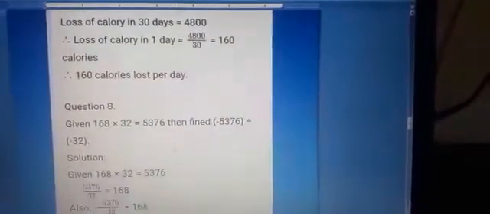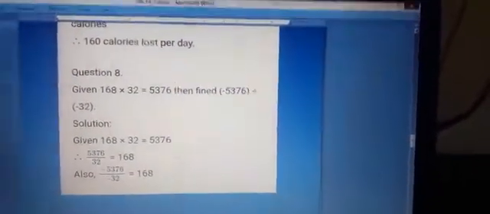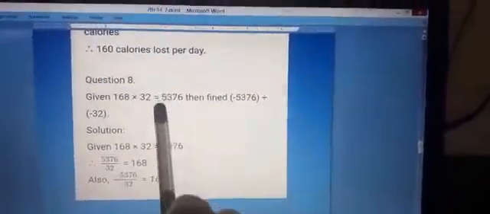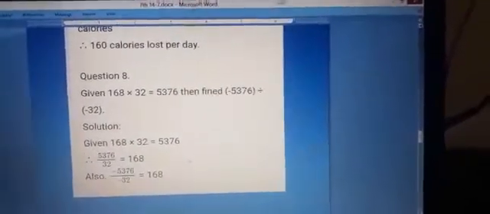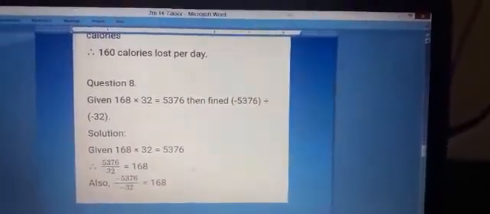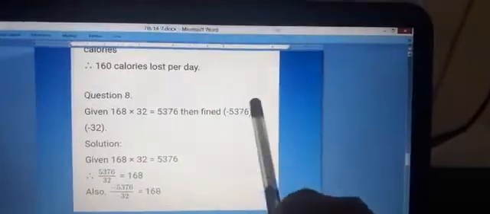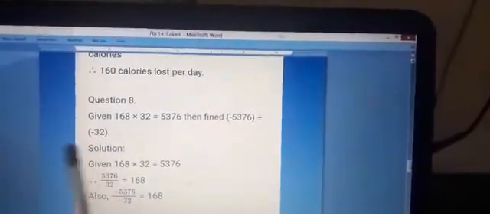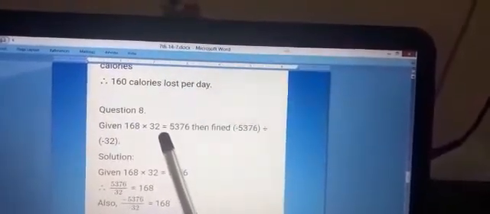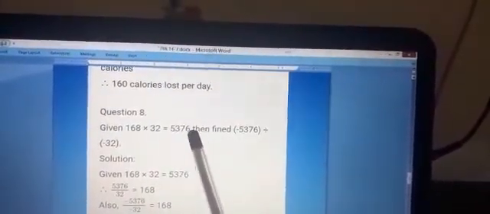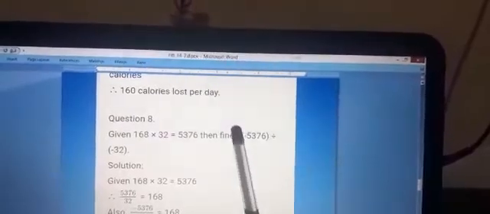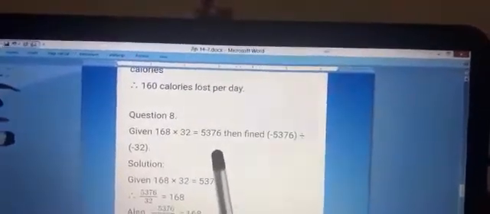168 into 32. The answer is 5376. Then find minus 5376 divided by minus 32, what is it? See this question. 168 into 32 is 5376. When we transpose this 32 to the RHS side, it becomes divided by 32.